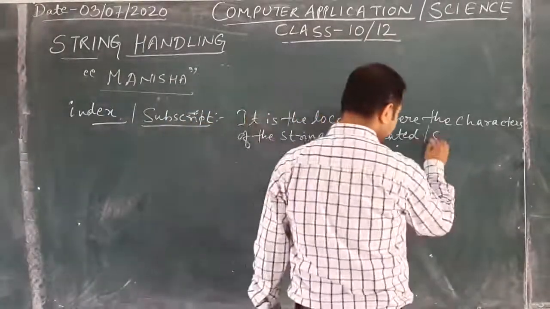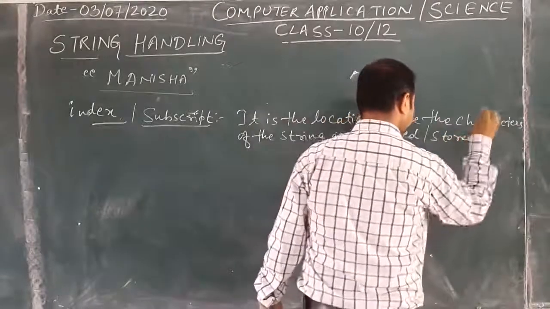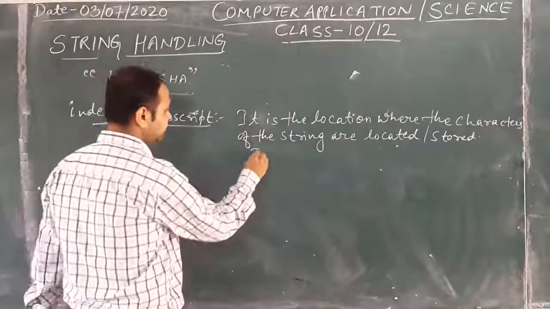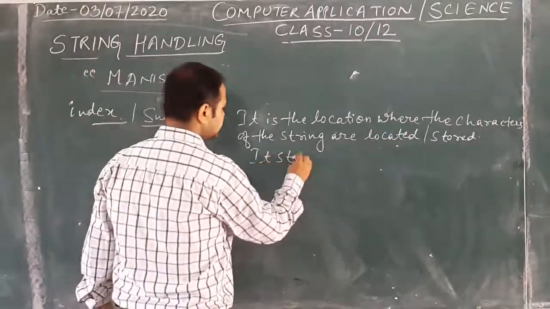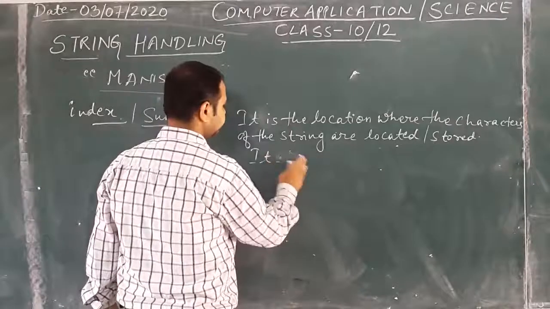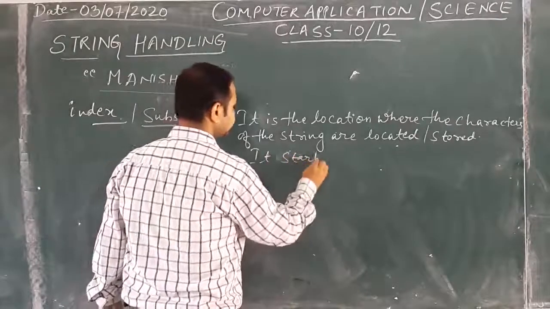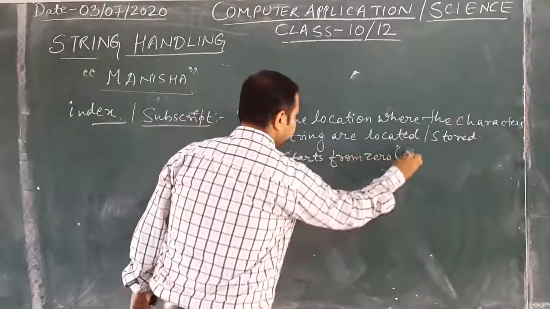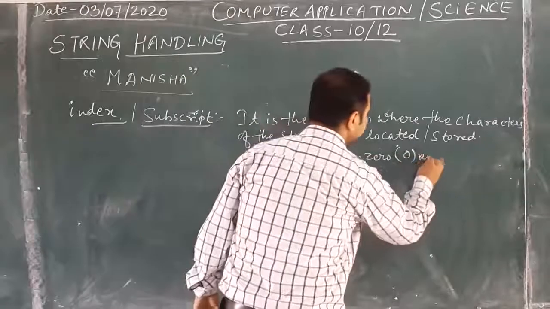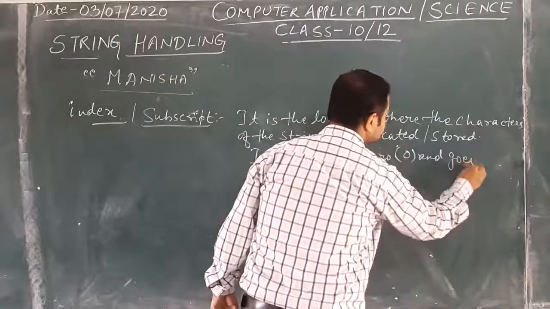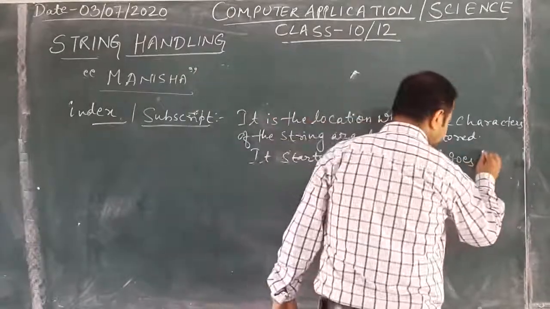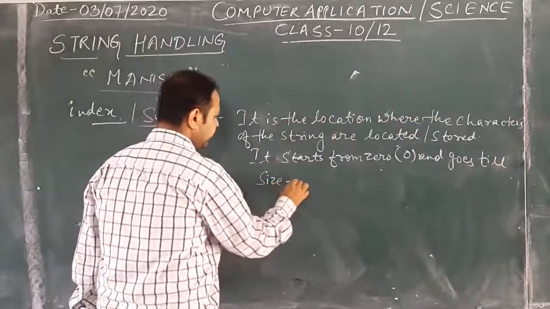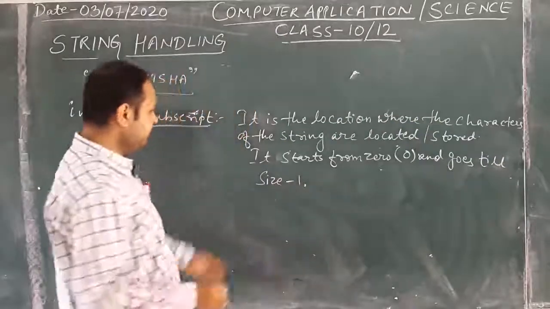The index is basically a numeric value and it starts from 0 and goes till size minus 1. Why am I writing size minus 1?